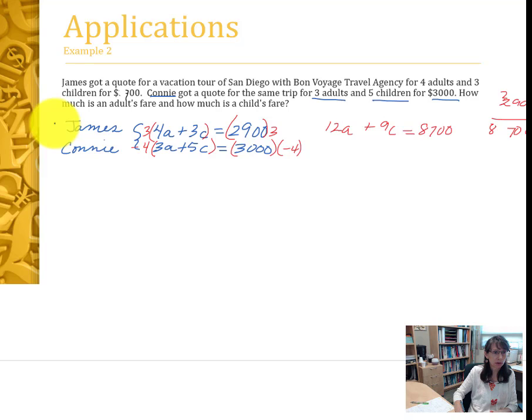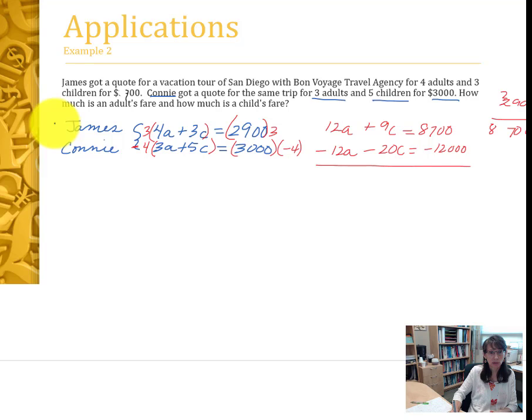In the second equation, I'm going to distribute this negative 4, so I'll have minus 12a, and negative 4 times 5c would be minus 20c. And then multiplying 3,000 times negative 4 would be minus 12,000.